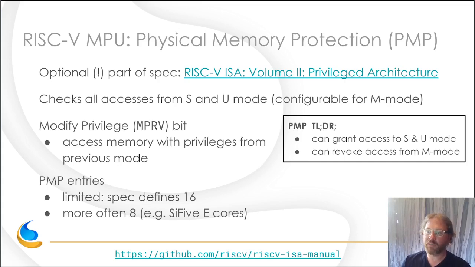More commonly in cores that we've worked with, that number of slots has been half that, 8. For example, the SiFive cores that we worked with in this project all have only 8 PMP slots. As we'll see shortly, that becomes quite limiting for the features we want to implement, or the regions that we want to protect with the PMP.